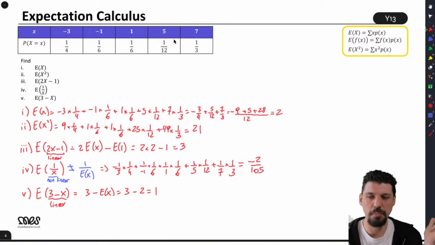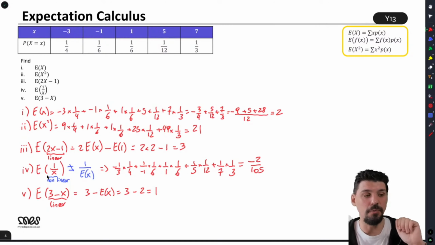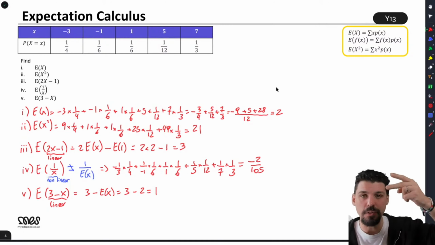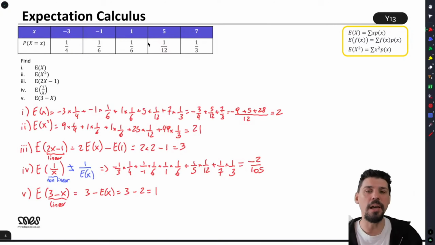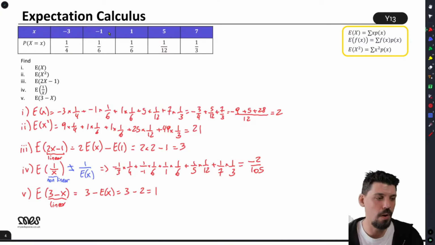That's not a problem. By and large, we had a positive E of x because we've got 5 and 7, which are much bigger than the negative values of minus 3 and minus 1. However, when we take the expected value of 1 over x, that flips round. 1 over 5 and 1 over 7 are smaller in relative size than minus 1/3 and minus 1. Okay?